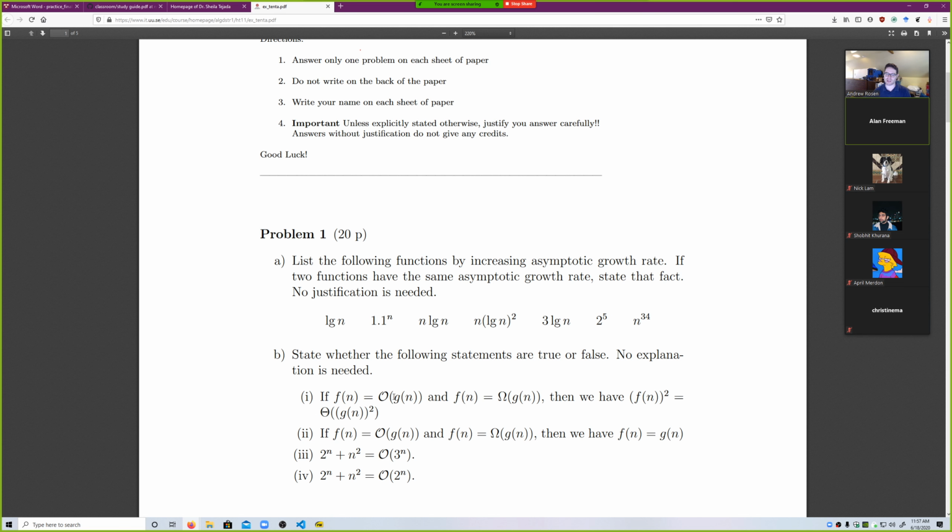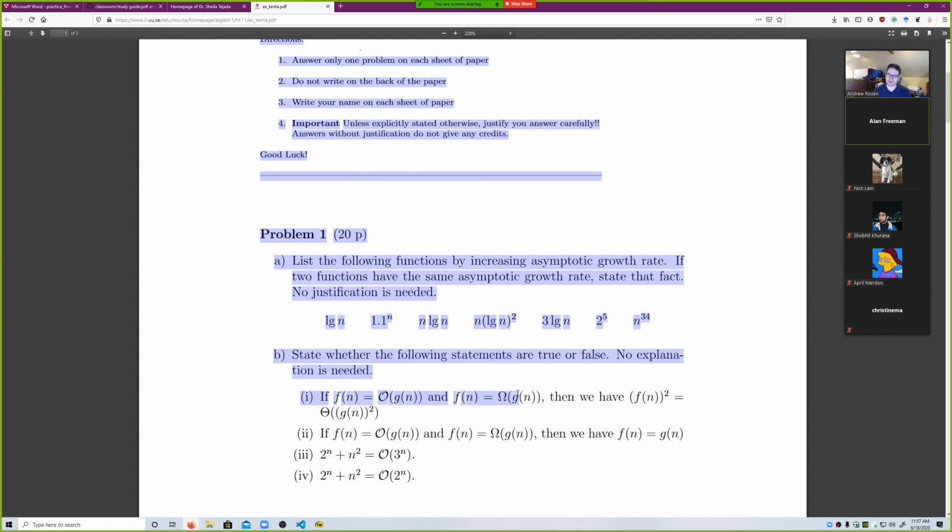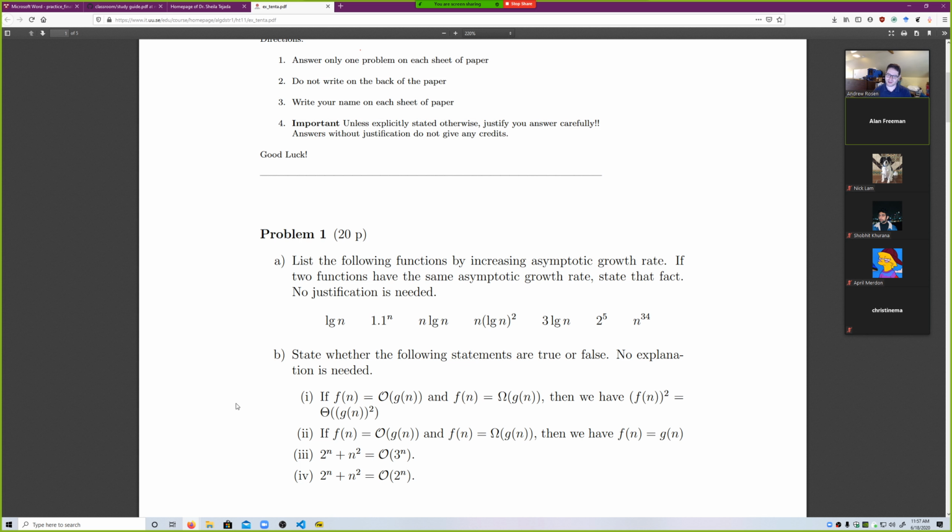Your runtime is never going to look better than something of the order of magnitude of this function. Big theta says it's never going to look better than this. You mean omega? Yeah, sorry, big omega is never going to look better than this. And big theta says it's never going to be better or worse.